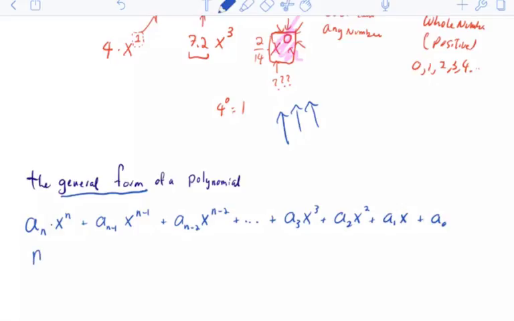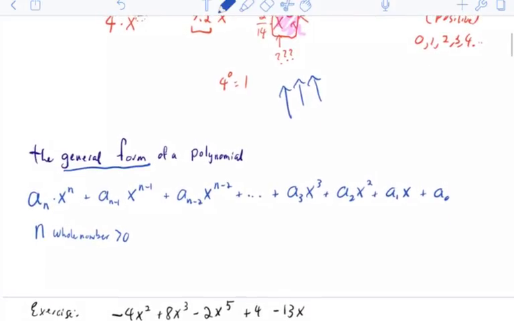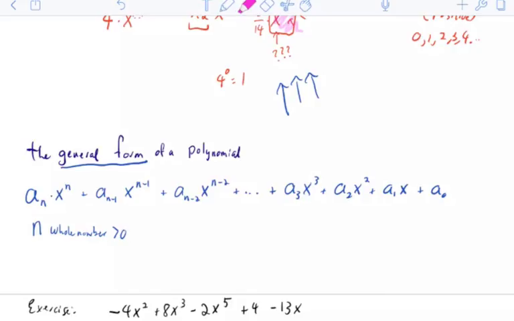n is a whole number that's bigger than 0. And we say that any expression that satisfies this is a polynomial. So this is me just repeating everything I said, but symbolically. And the reason I wanted you to see this is that it's got some really interesting things here.